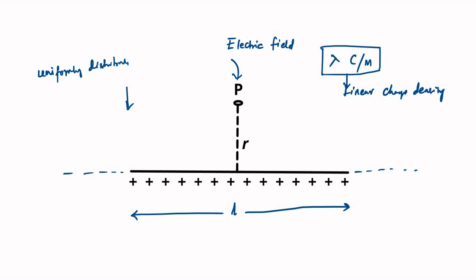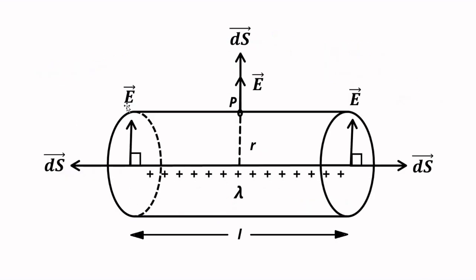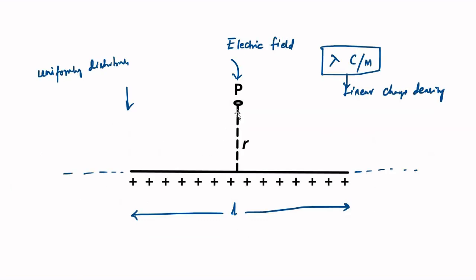So here the Gaussian surface which we have considered is a cylindrical one. We have considered an imaginary cylinder of the same length L as the section of the wire, and the radius of the cylinder is r, which is the distance of the point P, where we have to calculate the electric field, from the wire.